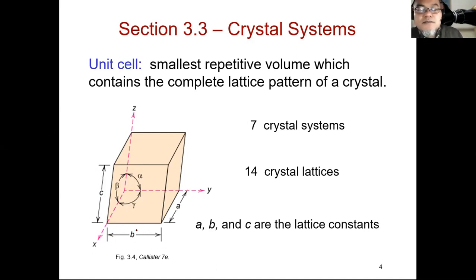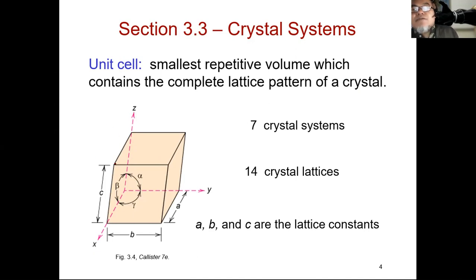Lattice constant b is the length in the y direction for a single unit cell, and lattice constant c is the length in the z-axis direction. The angle between a and b is gamma, between b and c is alpha, and between c and a is beta.